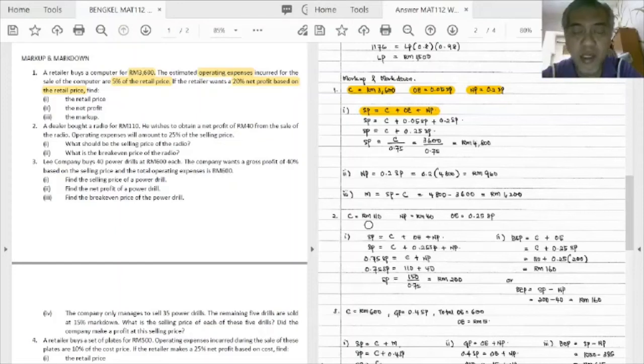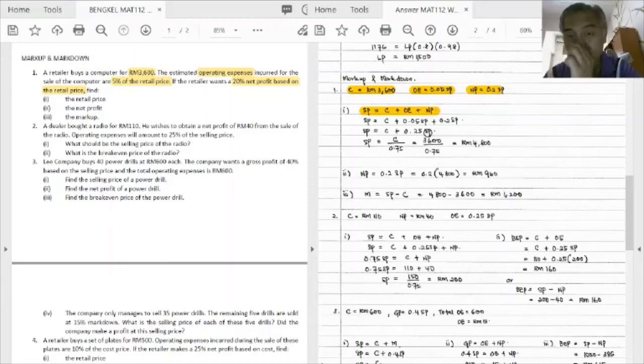Gross profit and markup, M, are the same thing, so you can replace M with OE plus NP. Substituting the values, OE becomes 0.05 SP and NP becomes 0.2 SP. Combining these two, you get 0.25 SP.